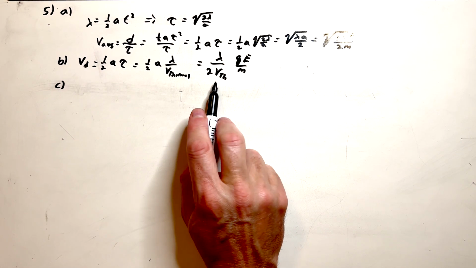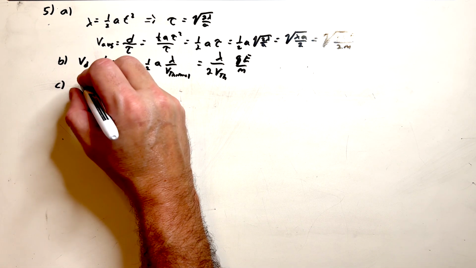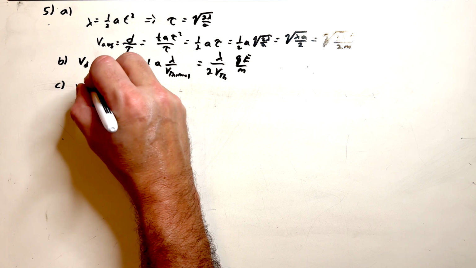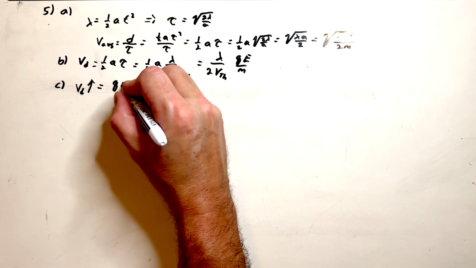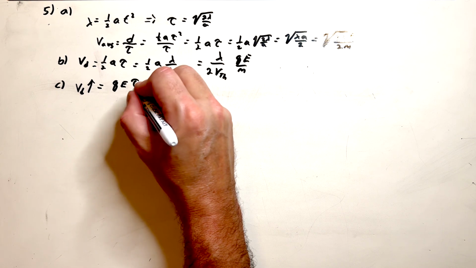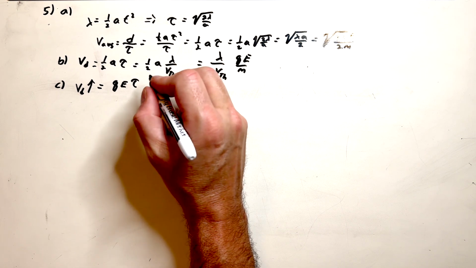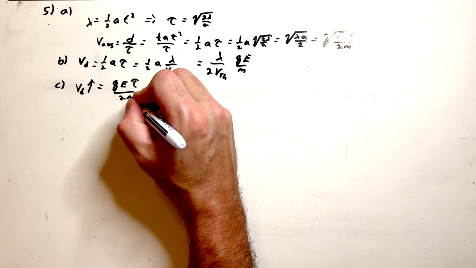Let's just rewrite lambda over V thermal as tau, the relaxation time. So V sub d, from part B, is just Q E tau, where tau is again lambda over the drift velocity, divided by 2m.